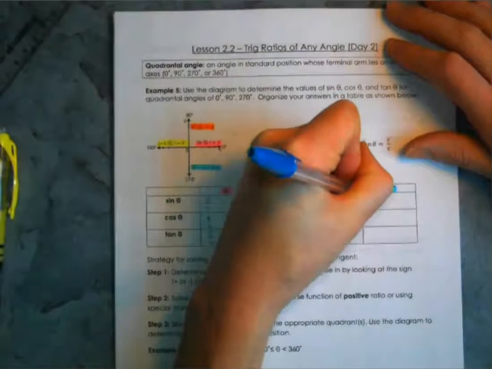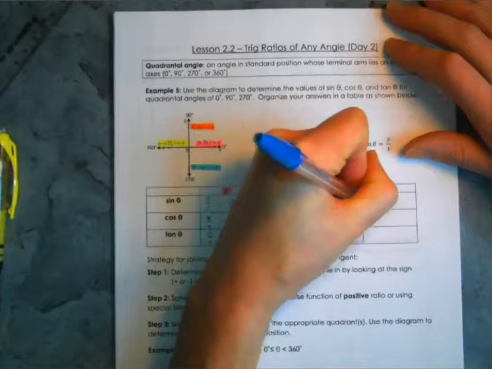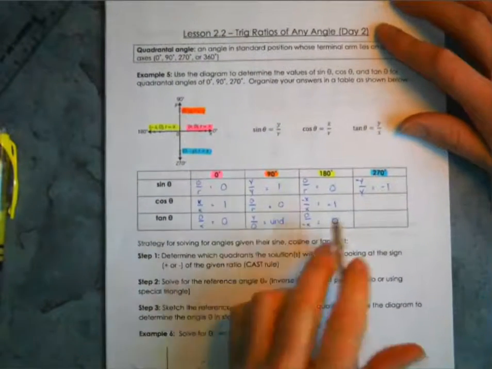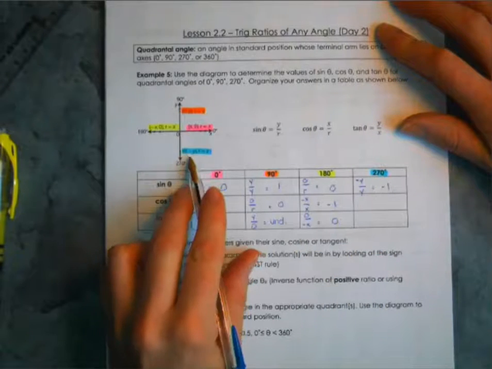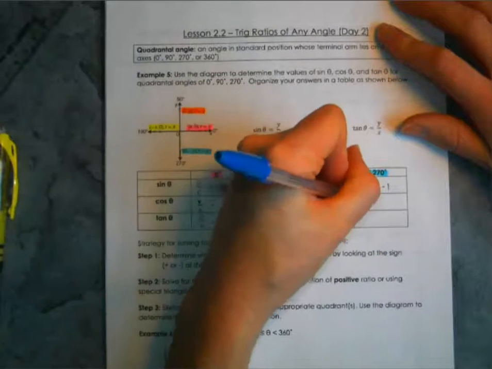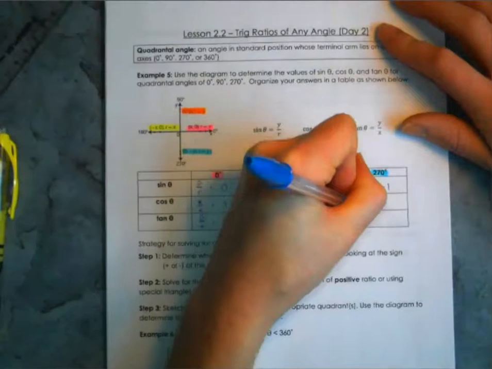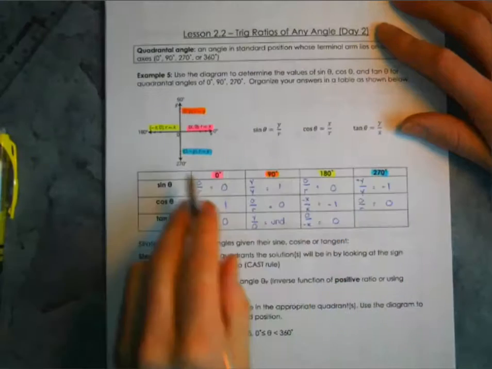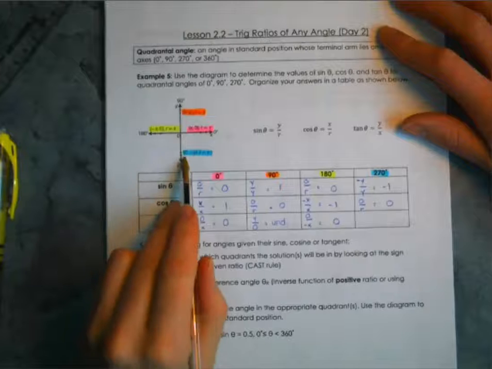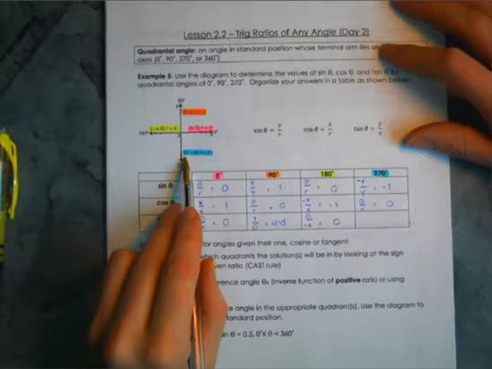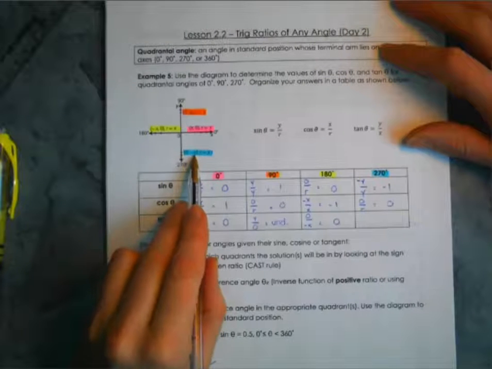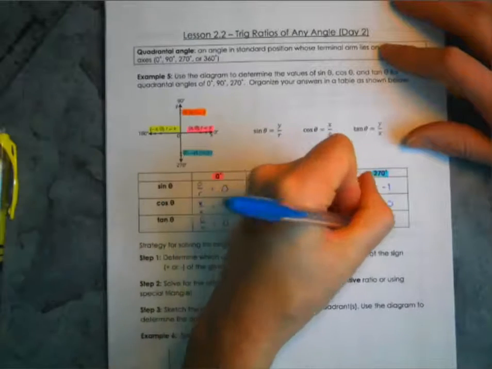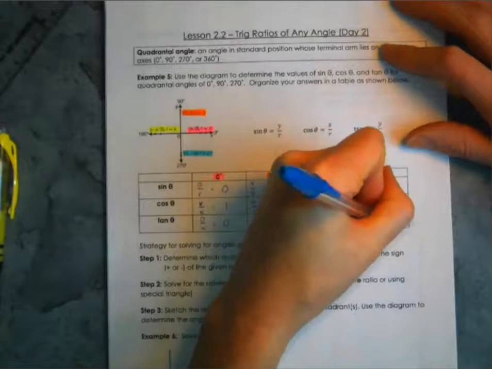So again, we're going to see negative y over y, which gives us negative 1. For cosine theta, we have x over r. X in this case is 0. Divided by r is going to be 0. And then last one is going to be tan theta, which is going to be y over x. So our y is going to be negative y, and our x is 0. So again, we have that undefined.